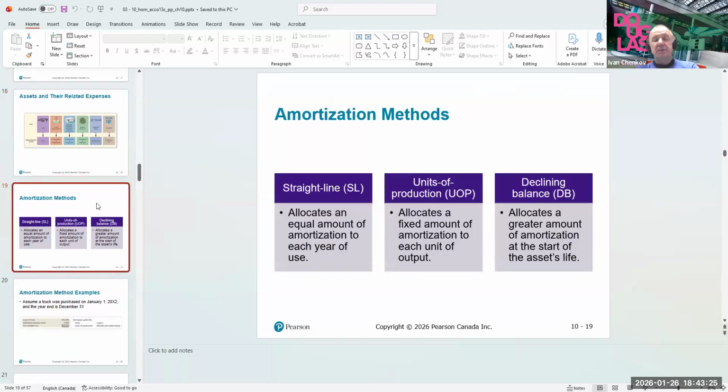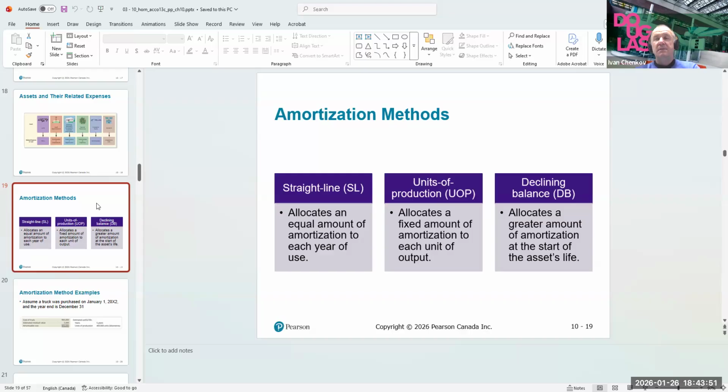On the amortization methods, we saw last time we have three common methods. One will be the straight line method, which allocates an equal amount over the useful life of the asset. The second one is unit of production, which allocates a specific amount based on the usage of the asset.